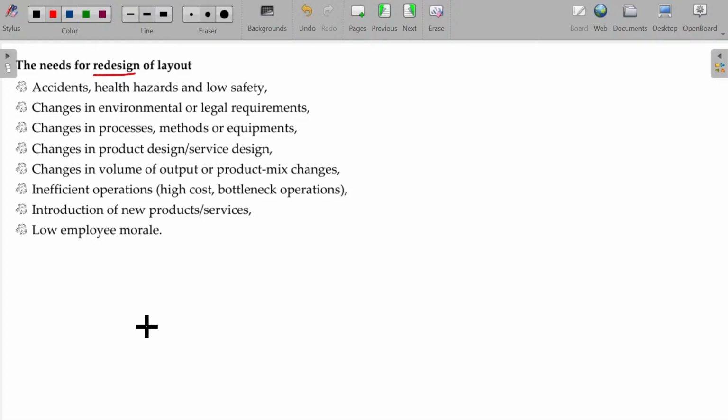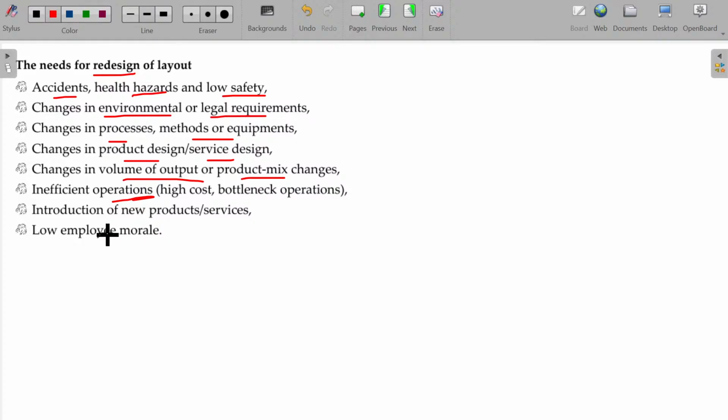The need for redesign may be because the current design or layout is accident prone, and health hazards and low safety, changes in environmental and legal requirements, and some processes are changed, and some equipments are changed, product design and service design changed, volume of output increased, product mix changed, inefficient operations due to the existing layout.